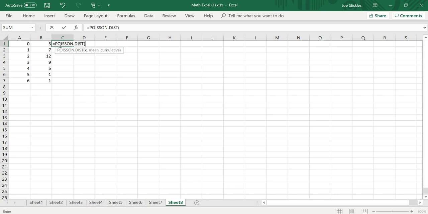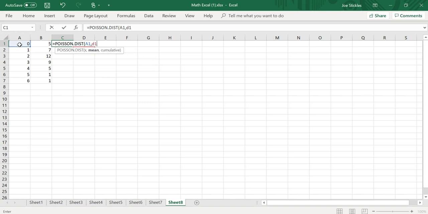Notice it asks for the x value, then the mean, and then whether or not it's cumulative. The x value is over there in A1. The mean, you can't see it, but it's in D1, where we computed the mean.